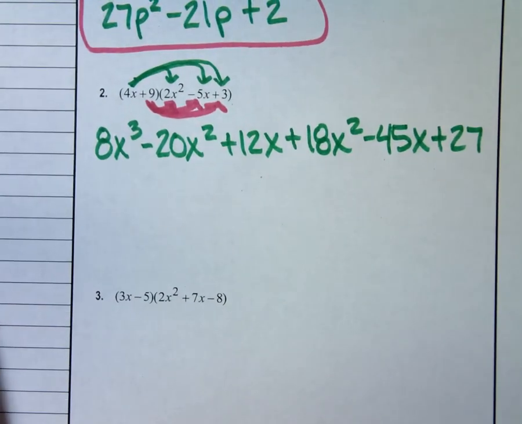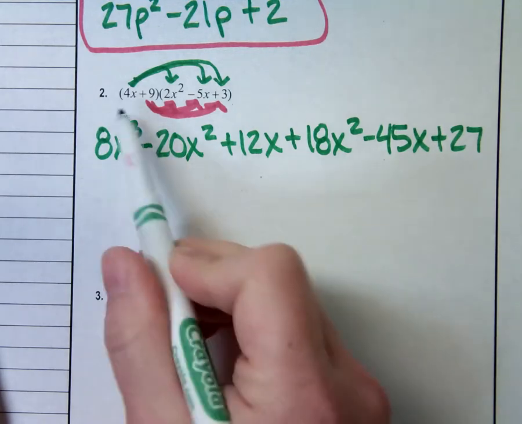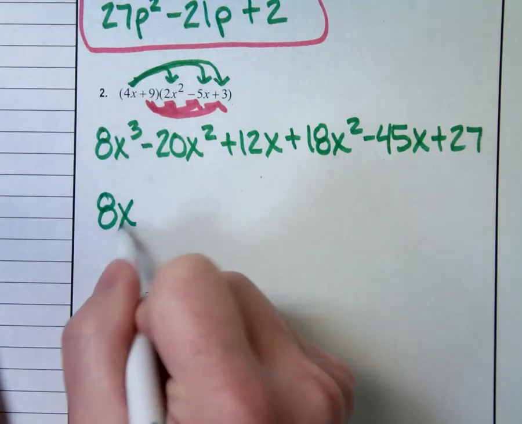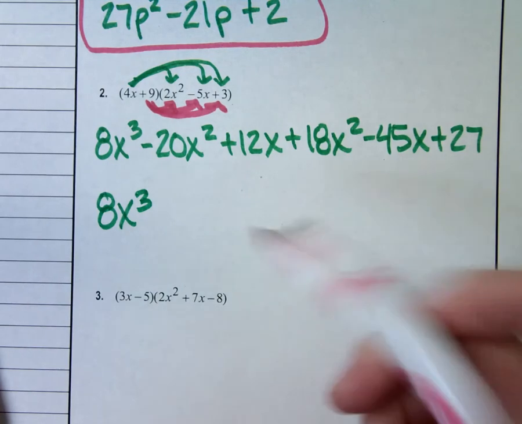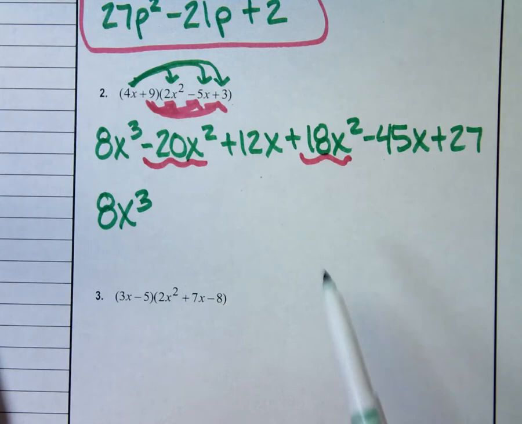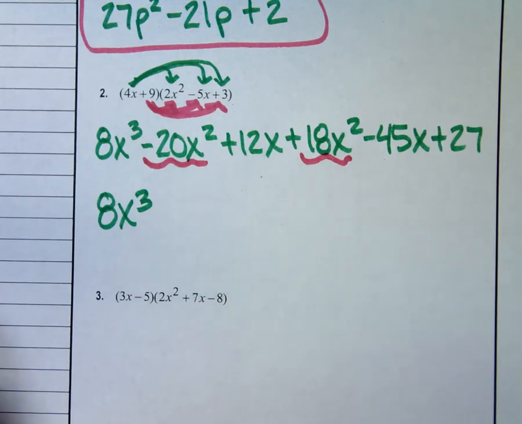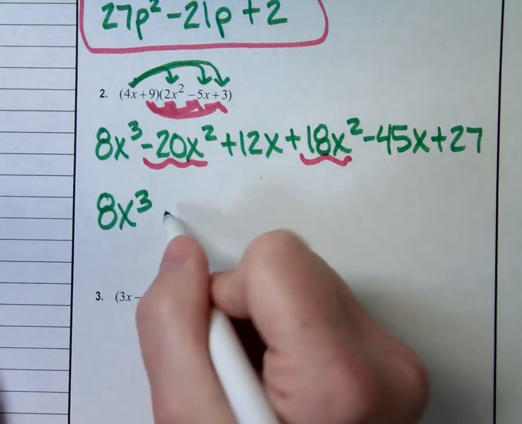At this point, I want to combine like terms. Do you see any other x cubed besides this one? Nope, so just drop it down. Now let's look for x squareds. Here's an x squared and here's an x squared. What do you get if you combine a negative 20x squared and a positive 18x squared? A negative 2x squared.